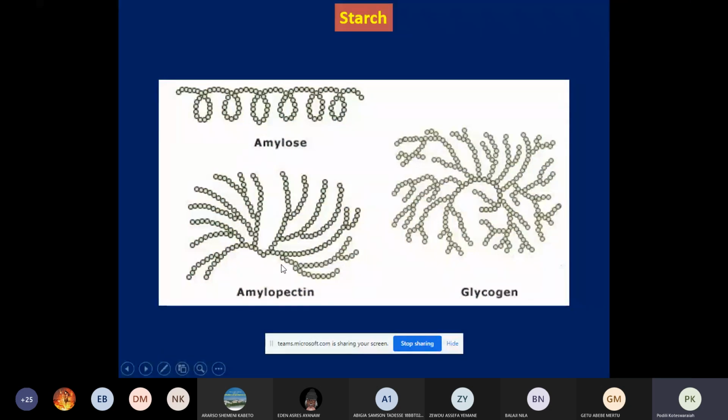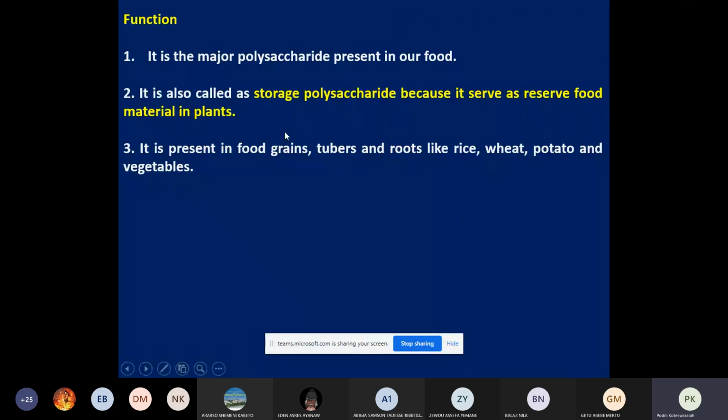So starch has both amylose and amylopectin components, and the major component is amylopectin, the minor component is amylose. We know that it is the storage polysaccharide, and it serves as reserve food material in plants, and it is present in many food grains, tubers, and so on. So this is about starch.